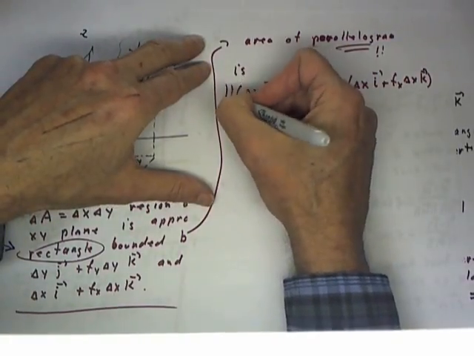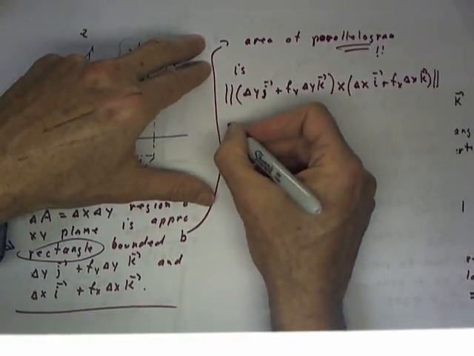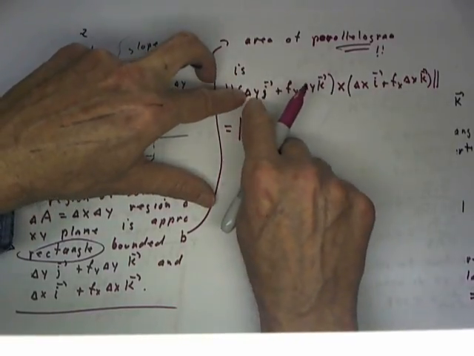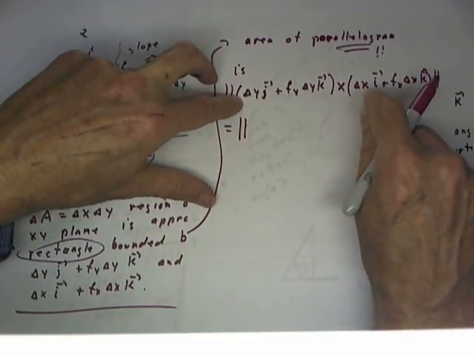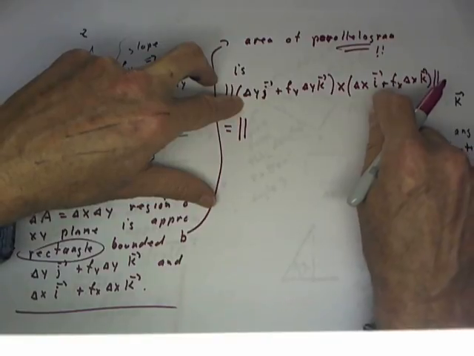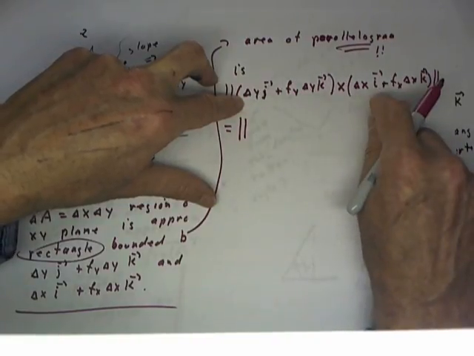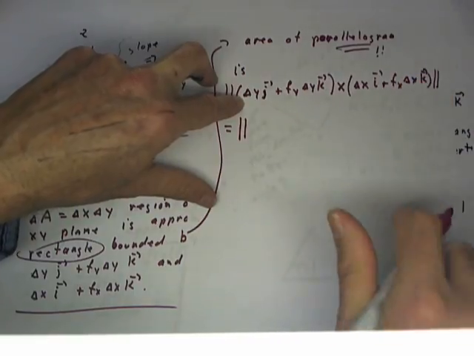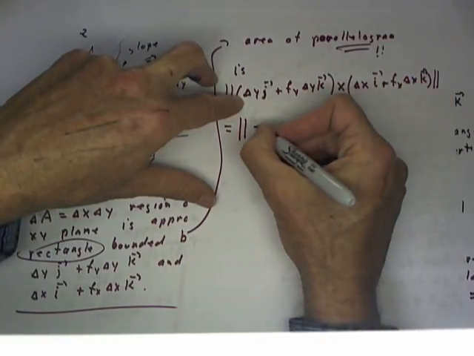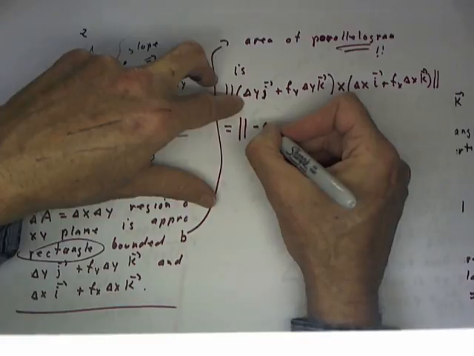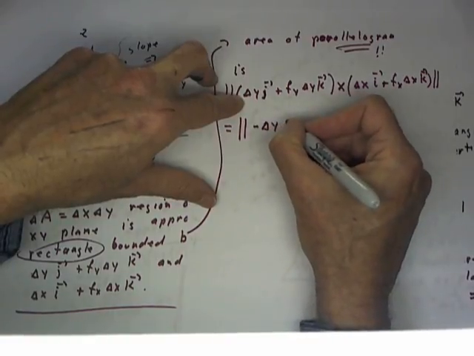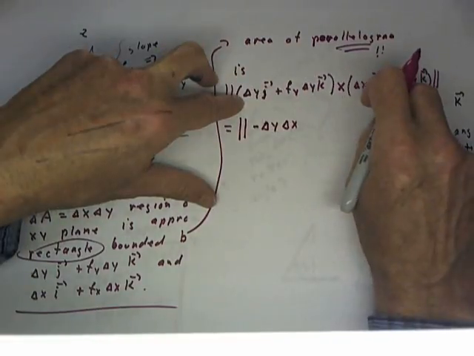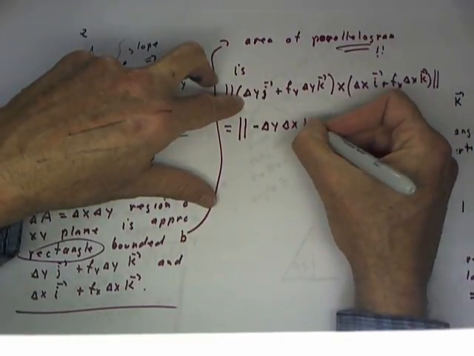And it's the magnitude of this cross product. Delta y j crossed with delta x i: j cross i is negative k, so we get negative delta y delta x k.